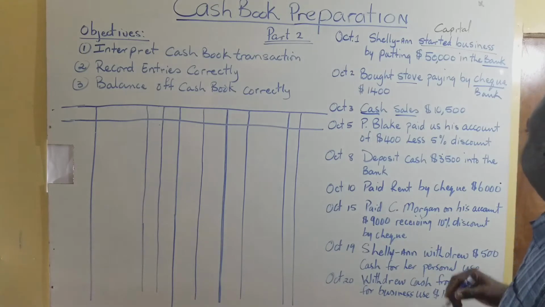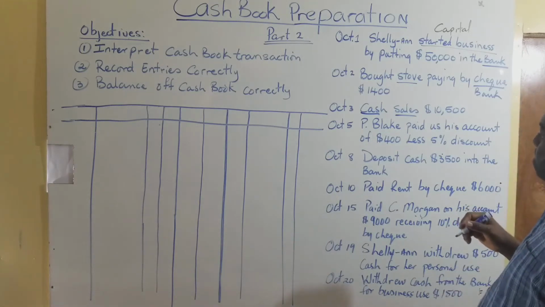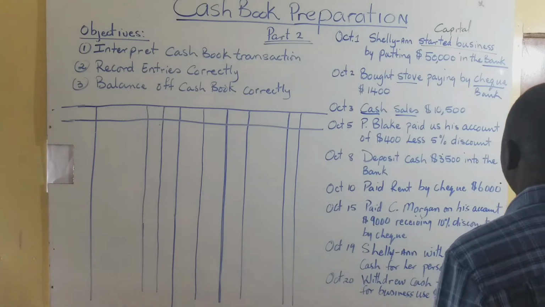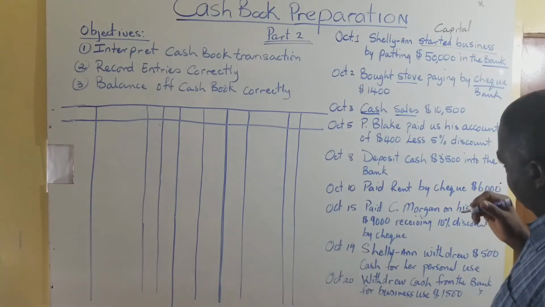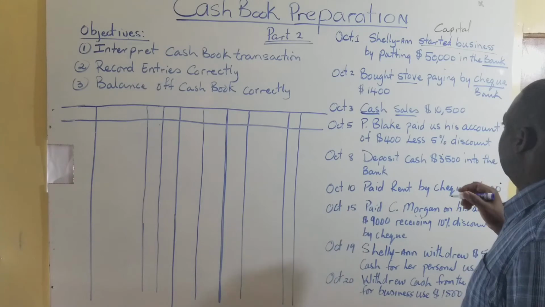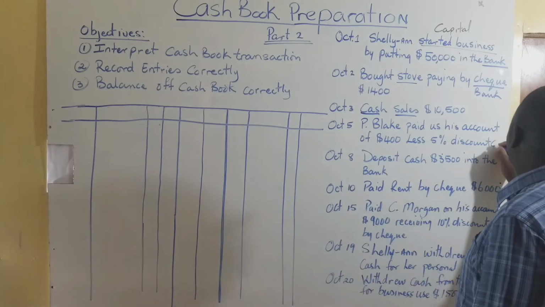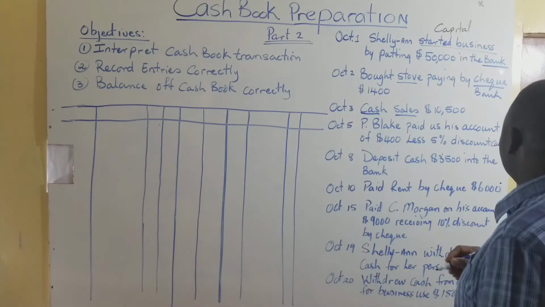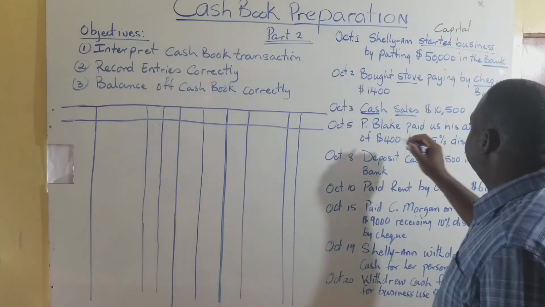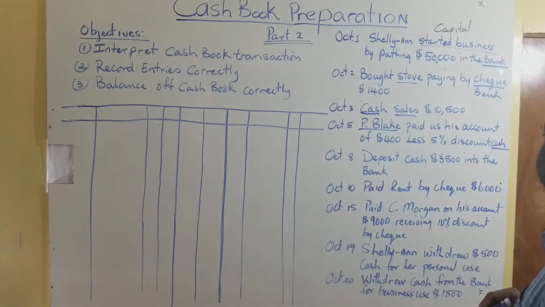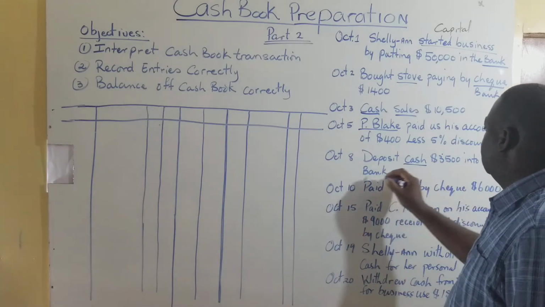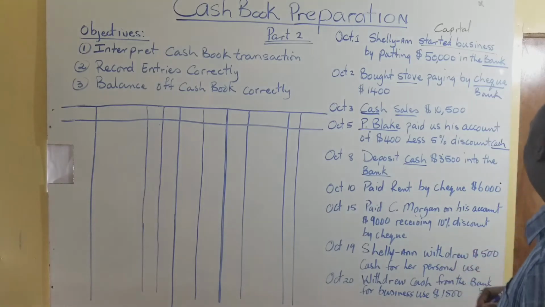P. Blake paid us his account of $400 less 5% discount. So he's paying us by cash. So it would be P. Blake and cash. Deposit cash into the bank: cash and bank. Paid rent by check.